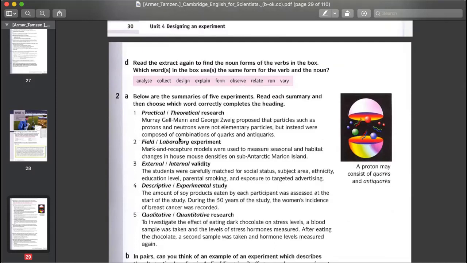Field or laboratory experiment. طبعا أنت بتكملين research بتكملينها يا في practical ولا theoretical. field or laboratory بتكملين كلمة experiment، بتختارين بين field or laboratory. External or internal validity. Descriptive or experimental study. Qualitative or quantitative research.